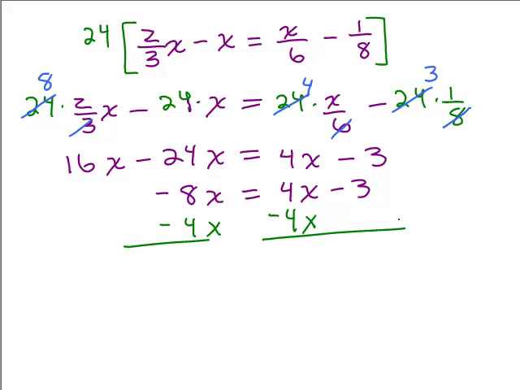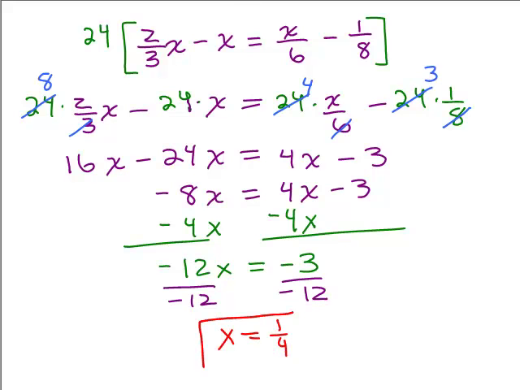As always, there's more than one way to go about this. So I've got negative 12x. Be careful here. This is a negative 8 plus a negative 4. So I have negative 12x equals negative 3. Then we divide both sides by the coefficient of x to get our answer. x equals 1/4. We hope that's the right answer.